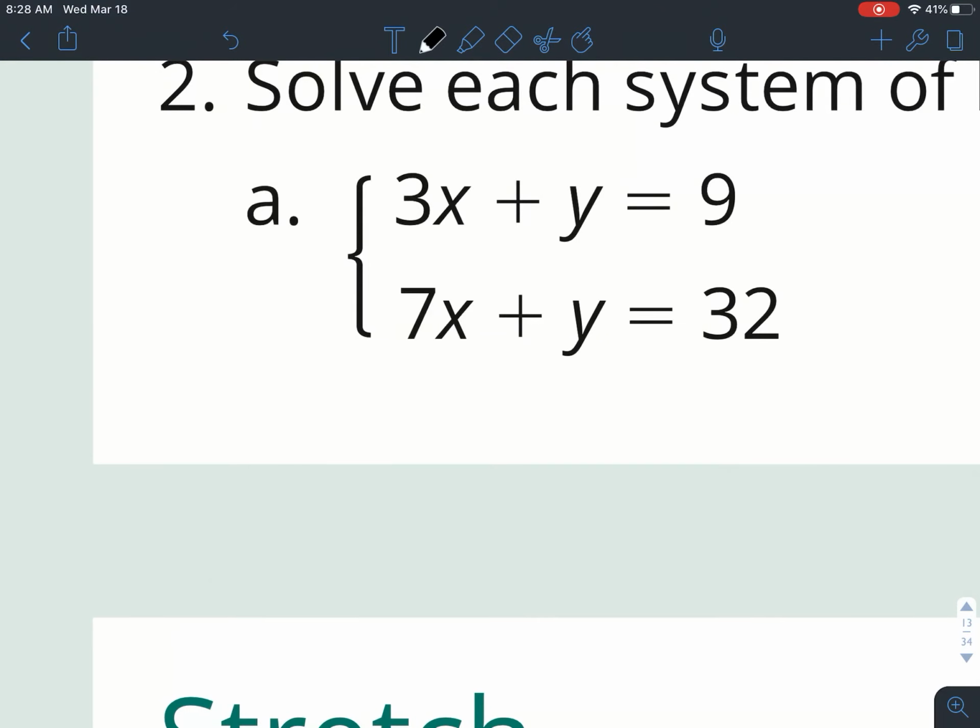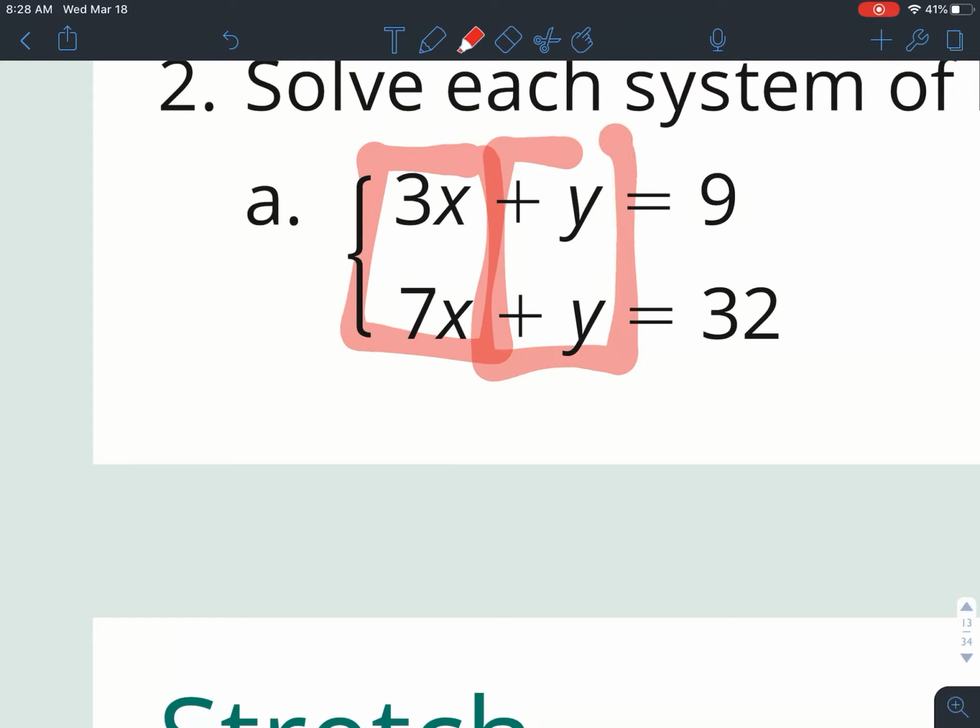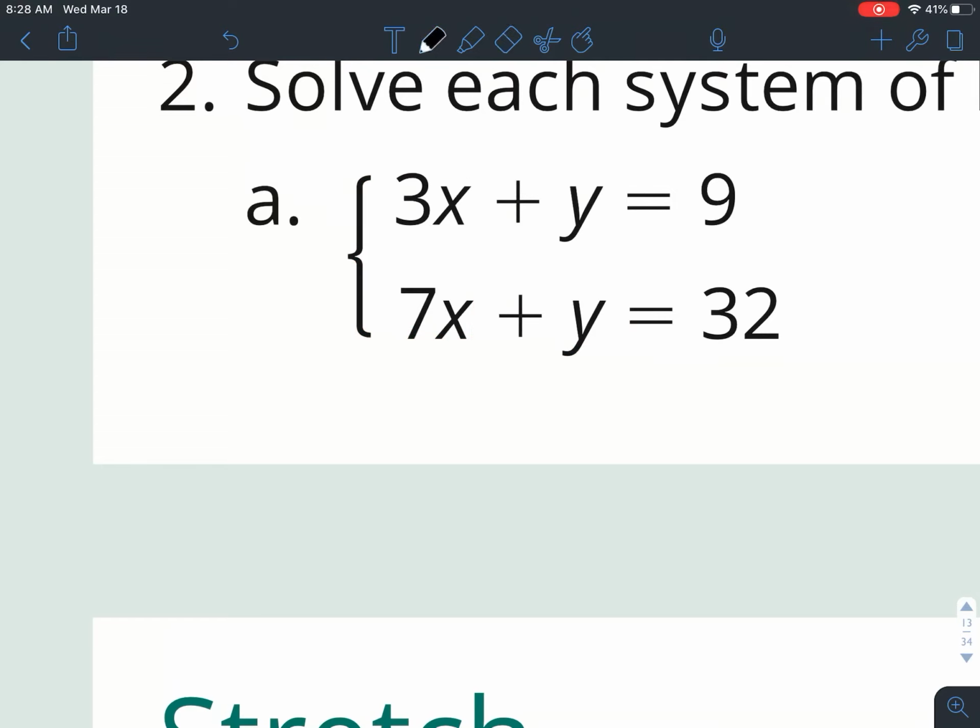So if we look at 2A, we have to solve each set. We know right now that we have to eliminate, because that's what we're using: match them and eliminate. Our problem right now is that the 3x and 7x don't match, and then the 2y's do match. But the 2y's are positive, so we have to choose one and multiply it by -1. I'm just going to do the top one because it's easier, times -1.